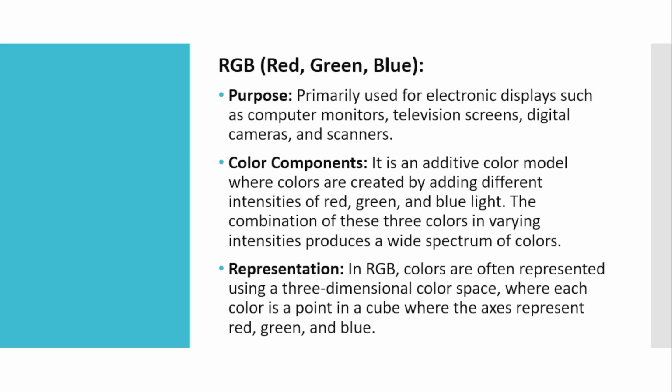Now RGB: red, green, and blue. This is primarily used for electronic displays such as computer monitors, television screens, digital cameras, and scanners. These monitors, the electronics, use this RGB color.